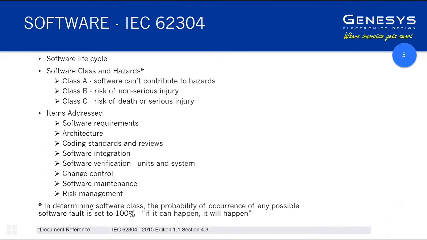So this is basically what it comes down to. Class A is software that can't contribute to hazards.